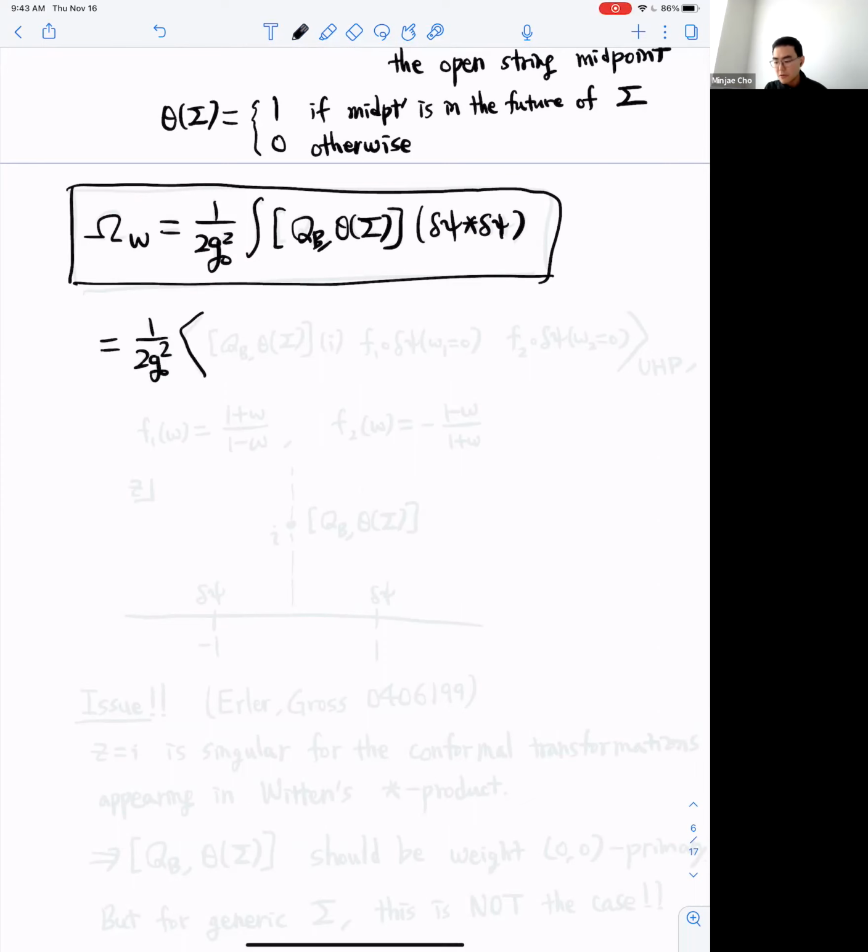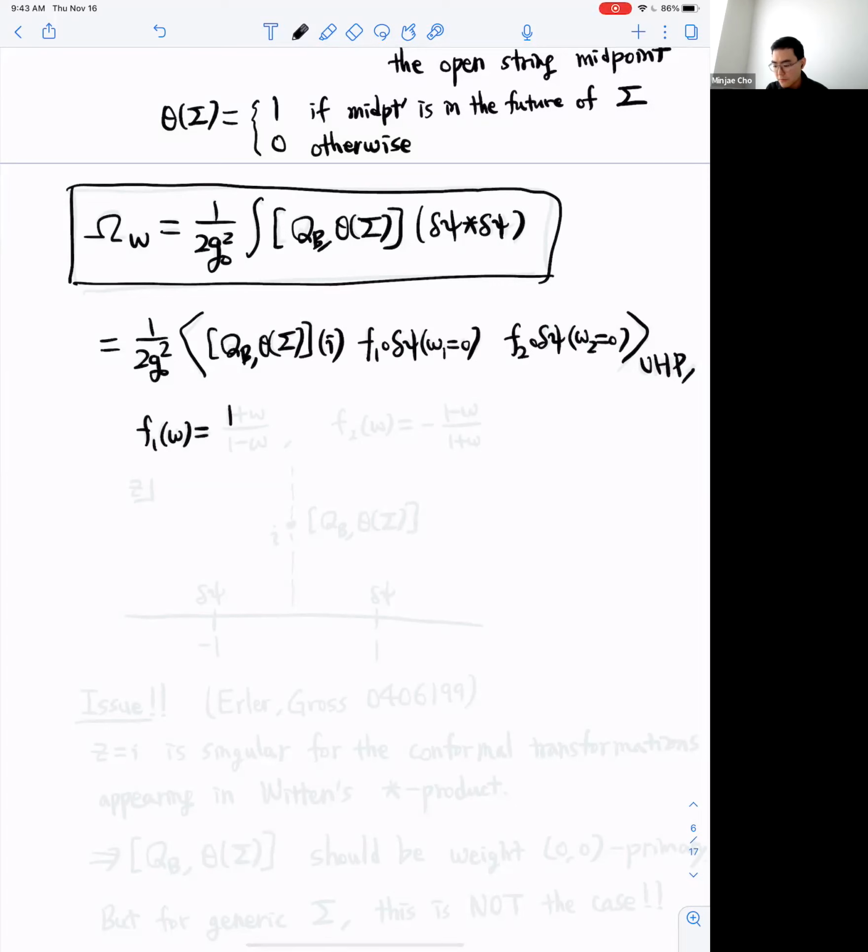So for example, we can evaluate it on the upper half plane. And because this commutator is sitting at the midpoint in the upper half plane, it's z equals i, while the two other open string field insertions are given by the usual two vertex, where this F1 and F2 are the usual conformal transformation for the two vertex.